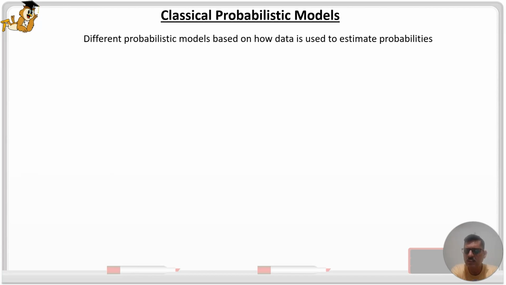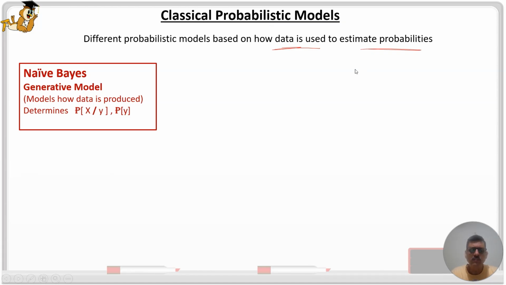These are the basic models that everybody studies, and these are the ones that we are going to cover in this lecture. And how do these models differ? These probabilistic models essentially differ from each other on the basis of how data is used to estimate probabilities. That's the only difference between how these models operate. How is data used to estimate different probabilities?